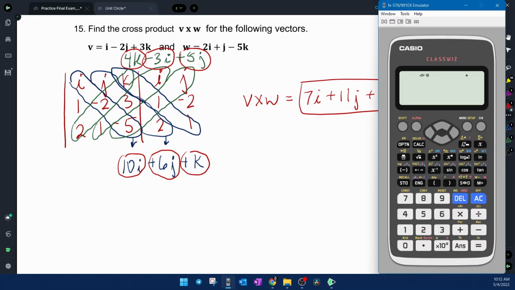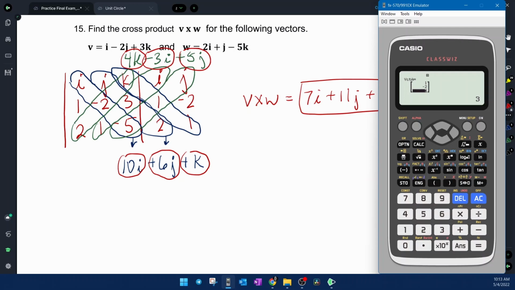And again, taking just a few moments for the ClassWiz users. This is possible on the ClassWiz. If we go to Menu and then to the Vector app, we can define vector A. It is a three-dimensional vector, and the coefficients are 1, -2, and 3.